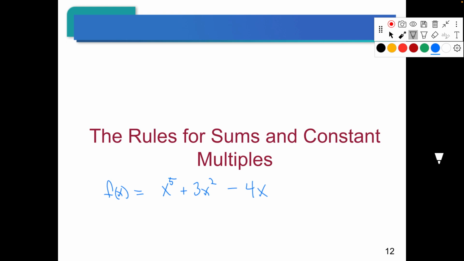What do you think we need to do? Do all of them individually? Good.